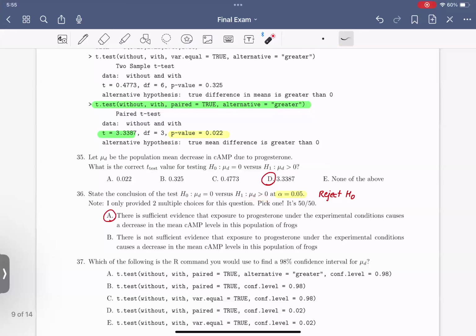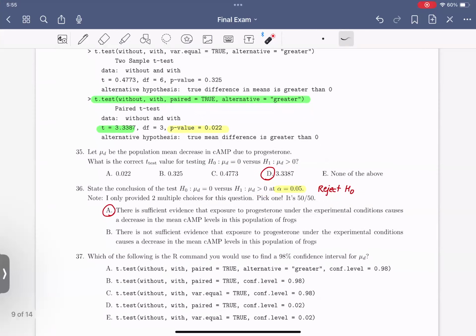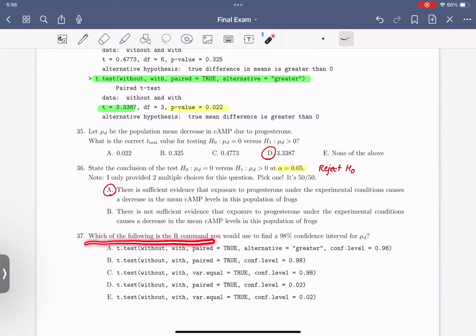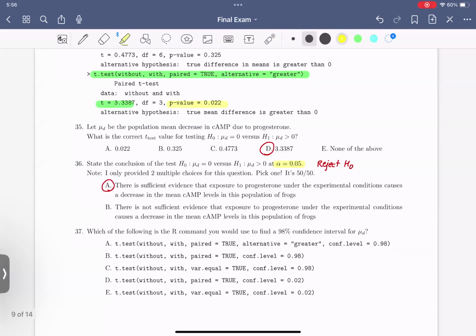That's it. All right. Question 37. Which of the following is the R command you would use to find a 98% confidence interval for mu_d? All right. Which one is going to give you the 98% confidence interval for mu_d? So of course, first of all, you can see that you actually need a paired t-test.